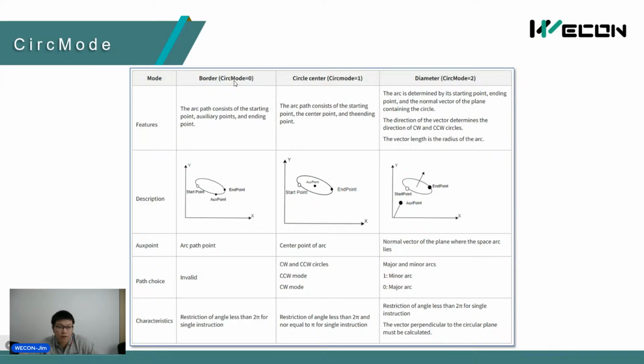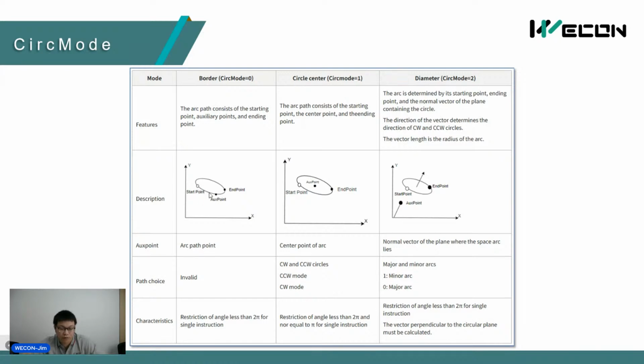For example, if the sec mode is 0, then the curve is defined by the start position, x point and end point. So here the x point is the point on the curve.